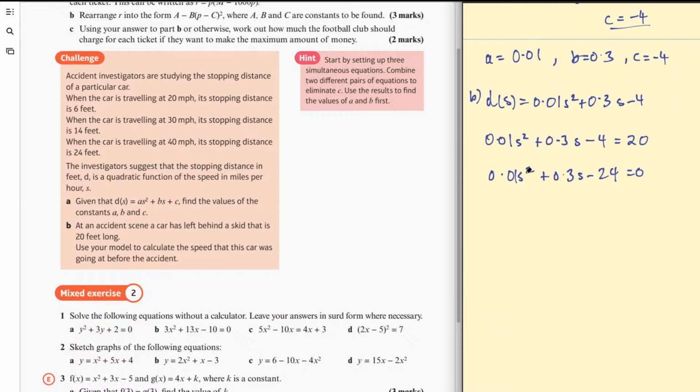And I wonder if we could factorize. So if I multiply everything by 100, I would get this.